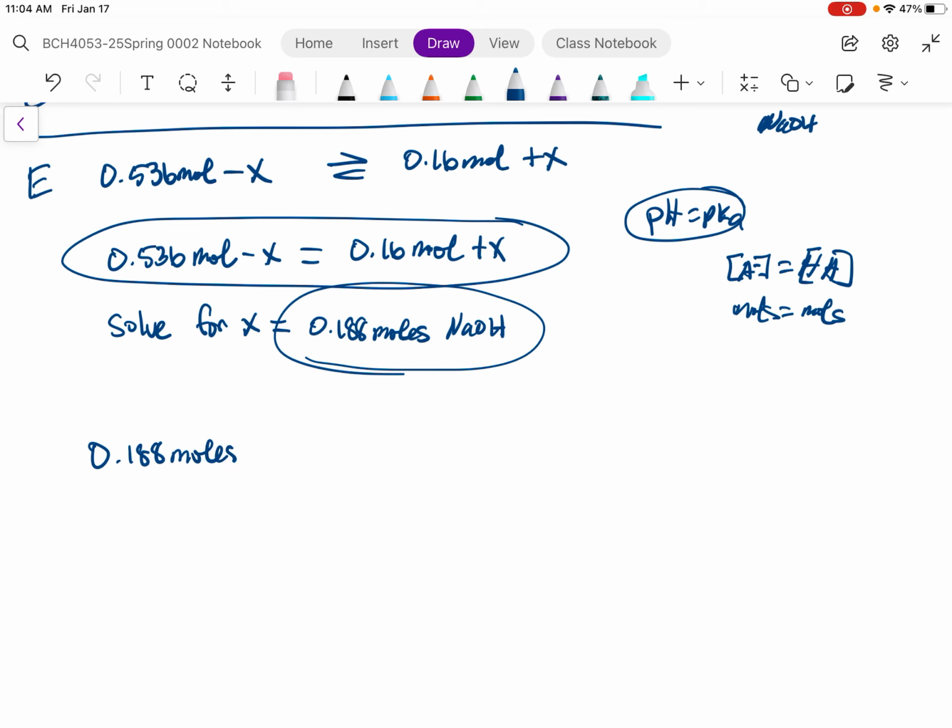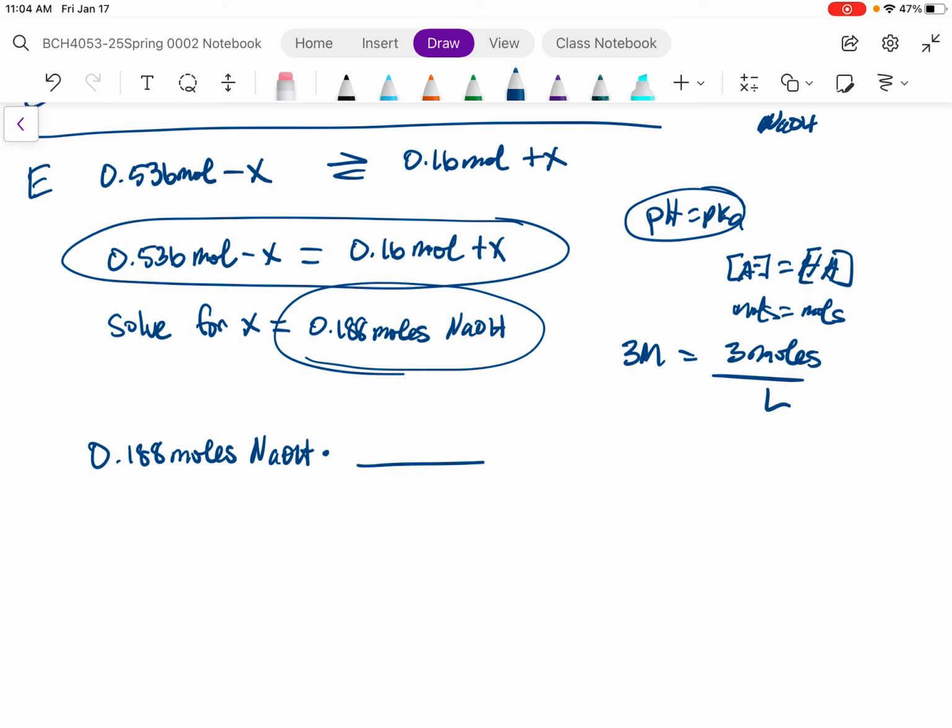If we have that many moles of sodium hydroxide that we need to add, then what's the concentration of the solution that we have? We know that is 3 molar, and 3 molar is 3 moles per liter.